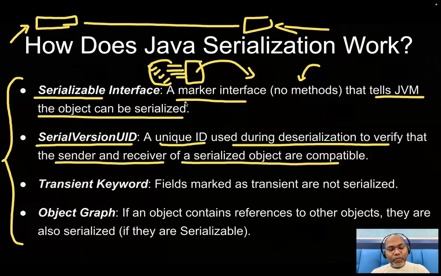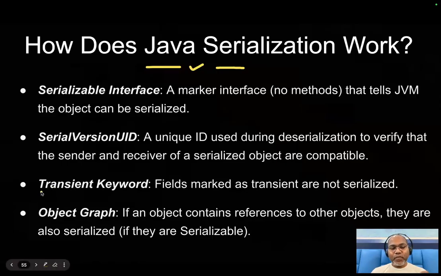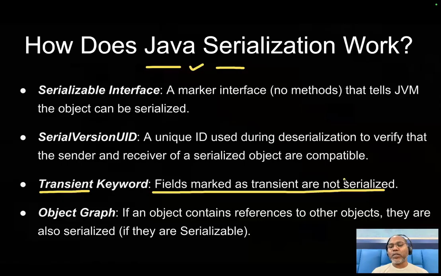By default, the rule of Java serialization is that all non-static and non-transient fields are considered serializable fields. Any transient field is marked as not serializable.